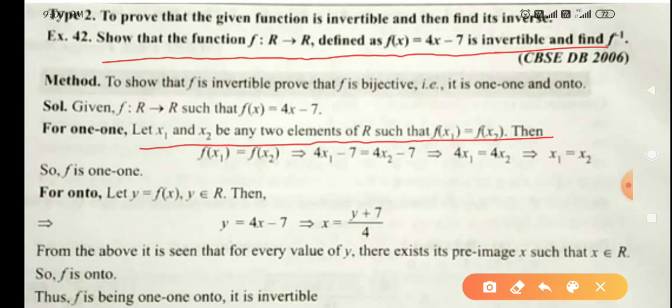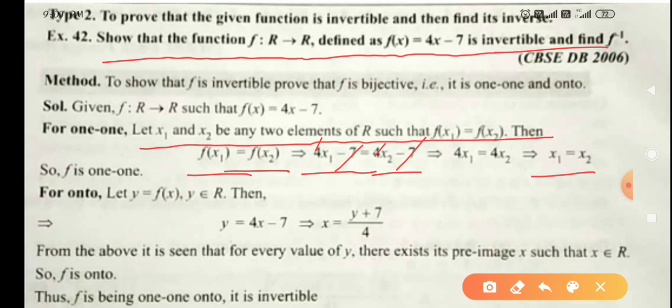And after taking this, if you get that these elements are also equal, means x1 equals x2, then the function will be a one-one function. So f(x1) means 4x1 minus 7, f(x2) means 4x2 minus 7. 7 is cancelled, 4 is also cancelled, then you are getting x1 equals x2. So f is one-one.